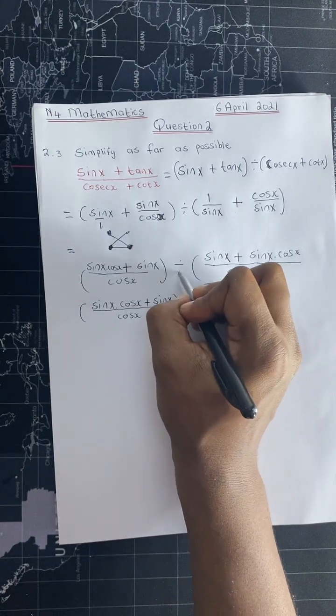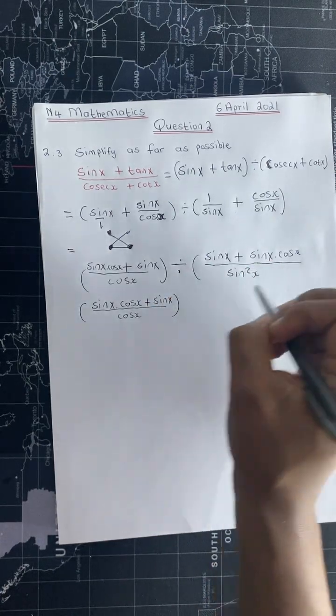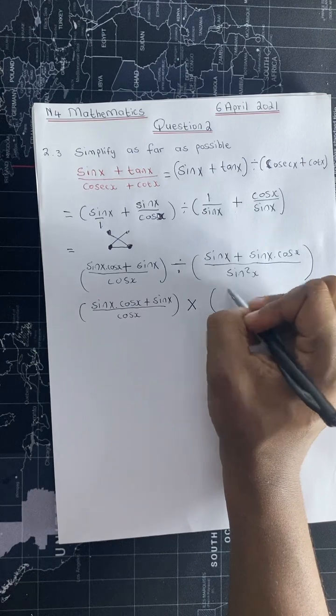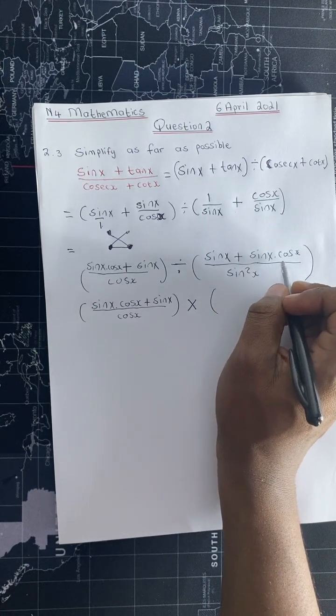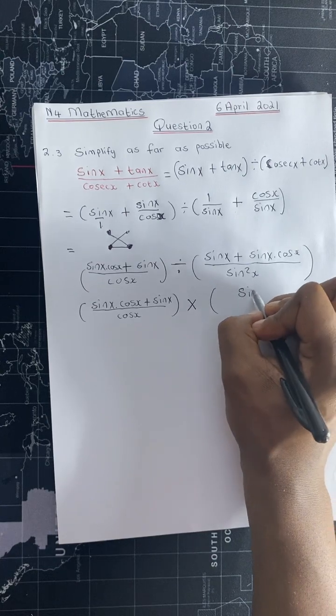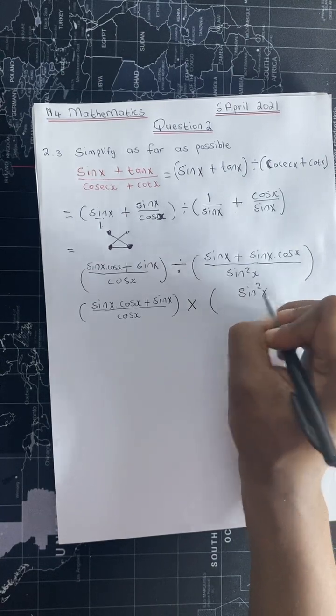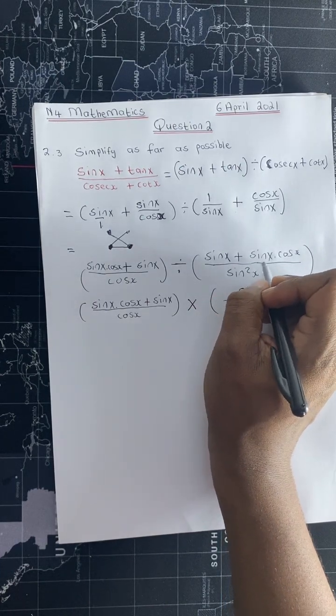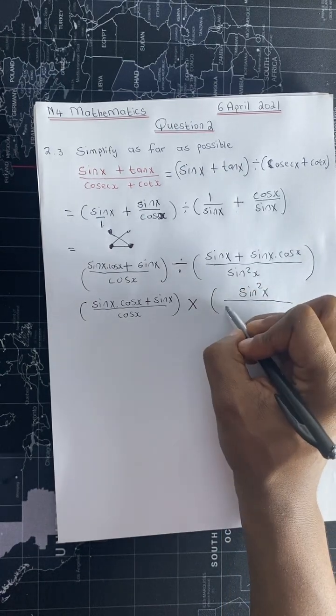So from here, we have to change this division sign into multiplication, and when we change it, we have to flip the sin x plus sin x cos x divided by the sin squared x. So the sin squared x will be our numerator, and this part sin x plus sin x multiplied by cos x will be our denominator.